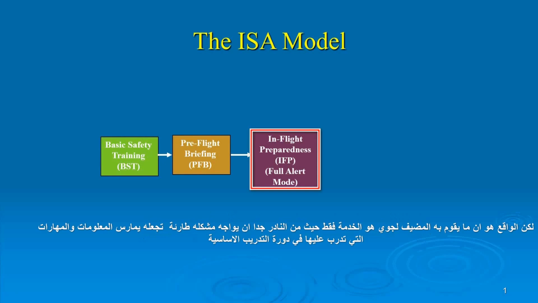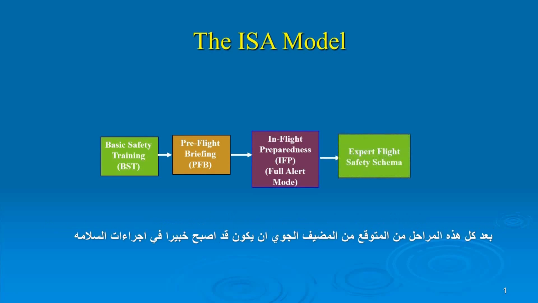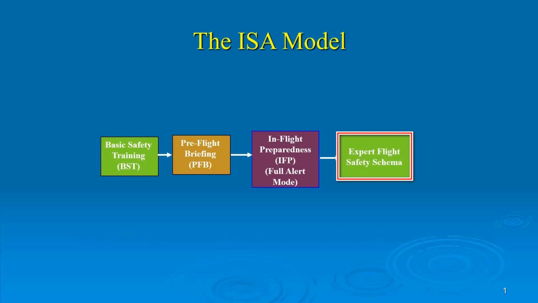He or she rarely encounters any emergency situation to practice safety. After this stage, the flight attendant is expected to have developed an expert flight safety schema. But is this what really happens?